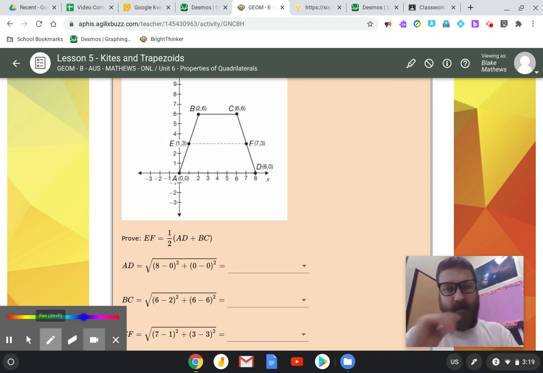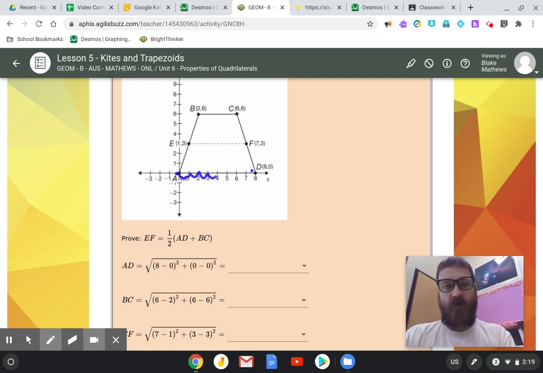This distance starts at 0, goes to 8. 1, 2, 3, 4, 5, 6, 7, 8. That distance is 8. There it is. That's all we have to do. Let's go up here. This goes from 2 to 3, 4, 5, 6. See, it goes from 2 to 6.